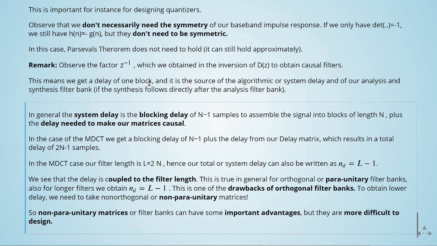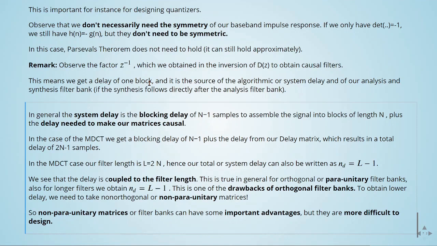In the case of the MDCT, we get a block delay of N-1 plus the delay from our delay matrix, which results in a total delay of 2 times capital N minus 1 samples.